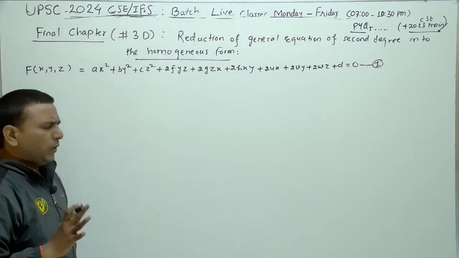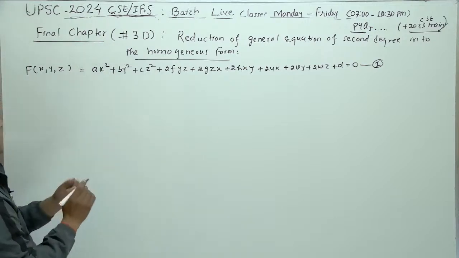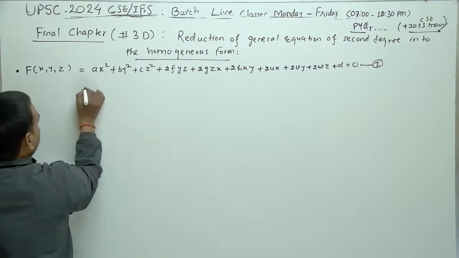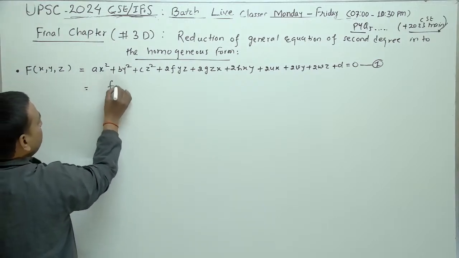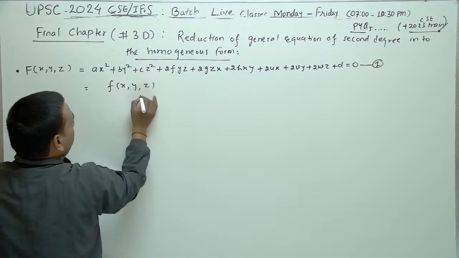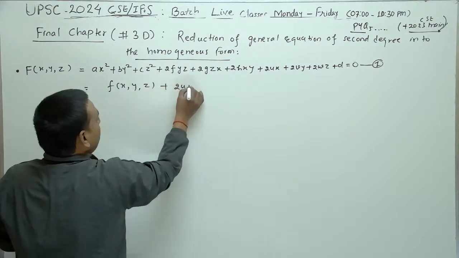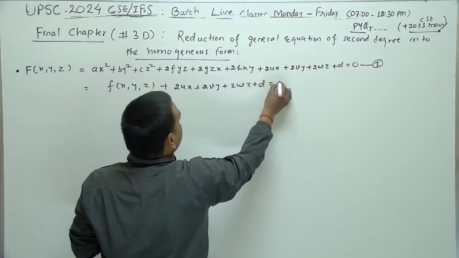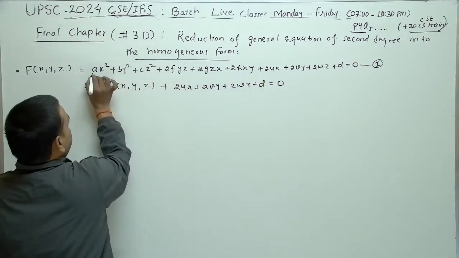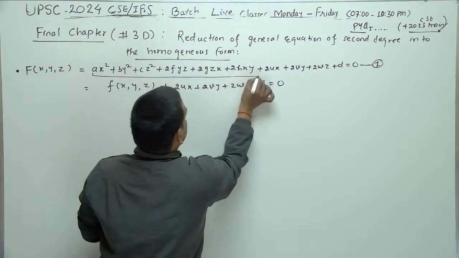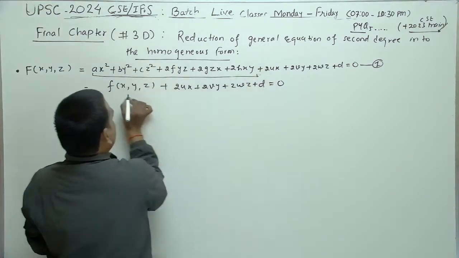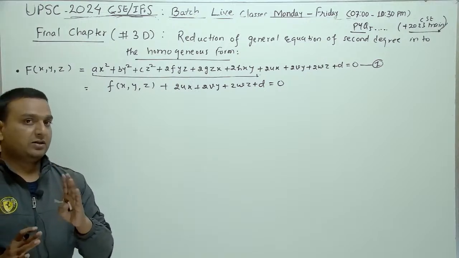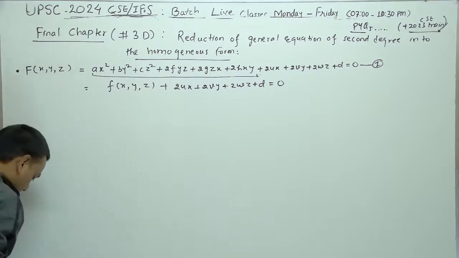Watch very calmly what we will do. We will move from here, if I write this expression as f of x, y, z plus 2ux plus 2vy plus 2wz plus d equals to 0. So what I have done, I have taken this expression equal to small f of x, y, z. Is that clear?